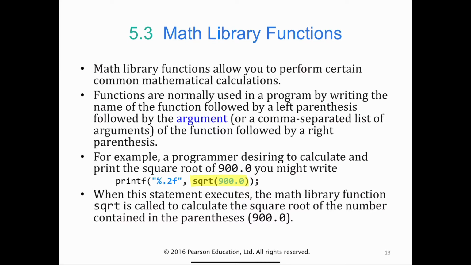So when we execute this particular statement over here, this function will compute and return the square root of 900, which is 30, right? Which will be passed as an argument to the printf statement, which will print it out as a floating point number with 2 decimal places after the decimal point.